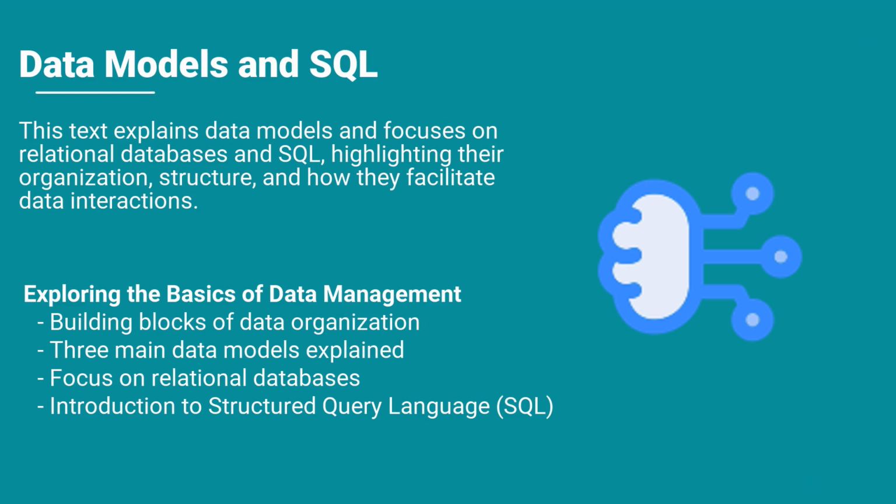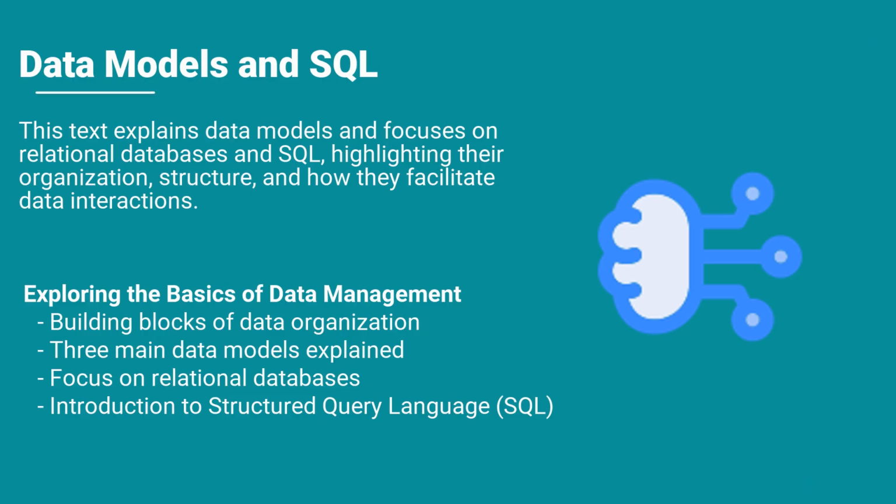Now, a data model, it's really a framework for defining how data is connected, stored, and accessed. Think of it like the blueprint for a building. Just as an architect creates plans to ensure a structure is sound and functional, a data model organizes how information interacts and fits together.